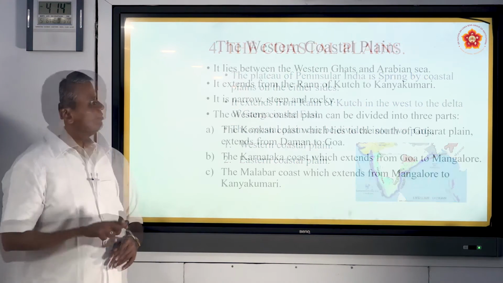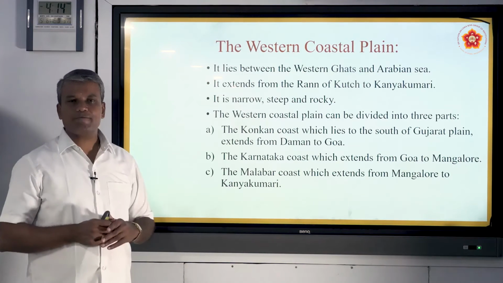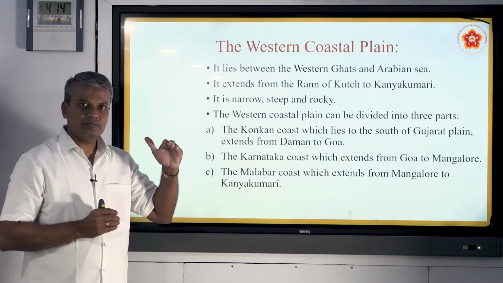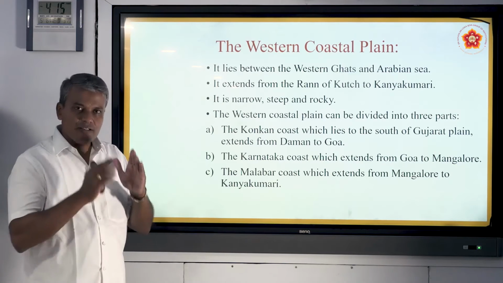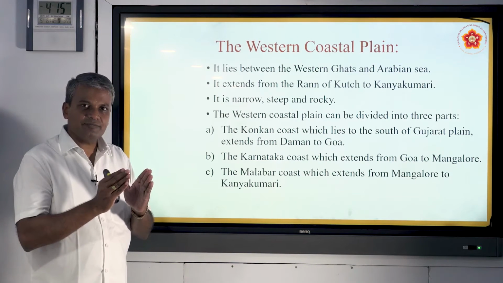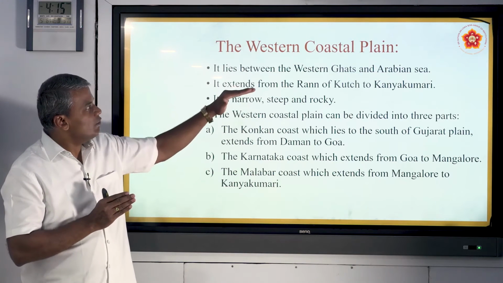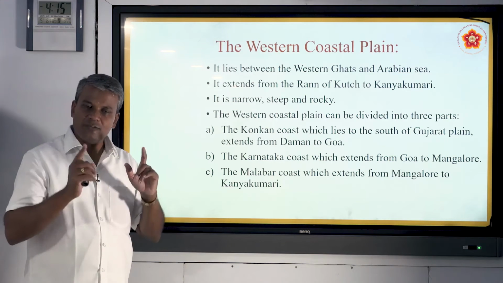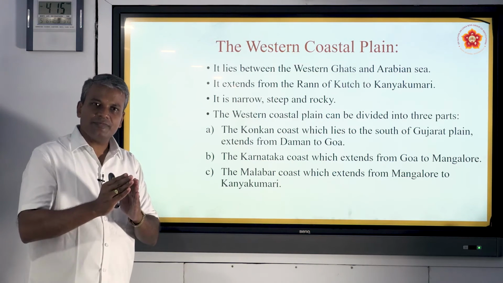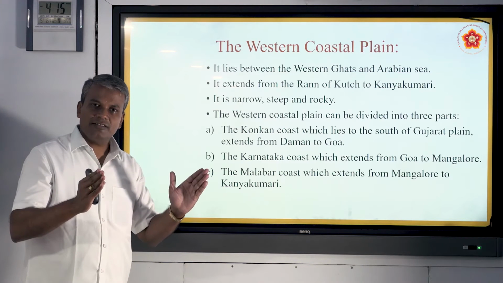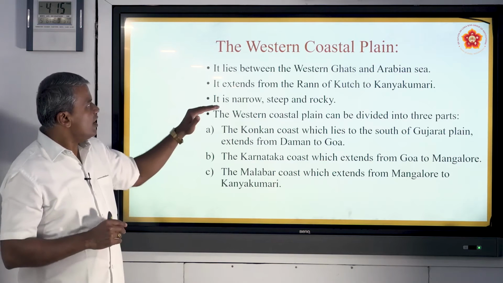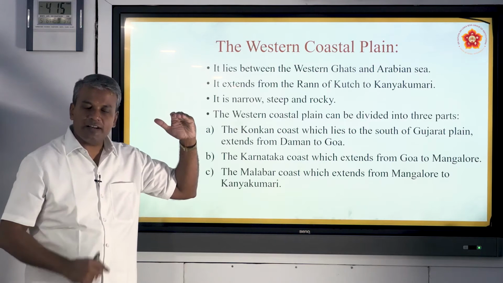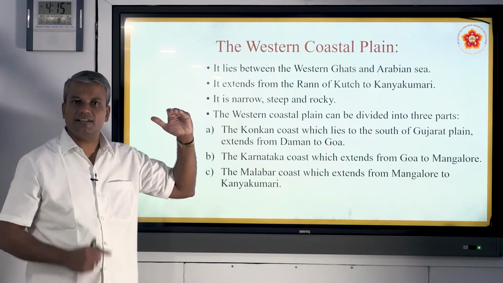So, now the western coastal plain, towards the west of the Deccan Plateau, starts from the Rann of Kutch and is located between the Western Ghats and the Arabian Sea. It extends from the Rann of Kutch in the north up to Kanyakumari in the western edge of our country.